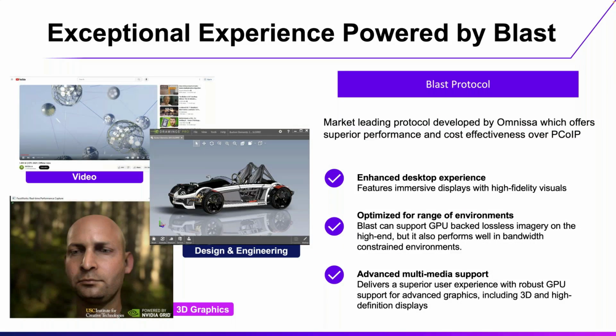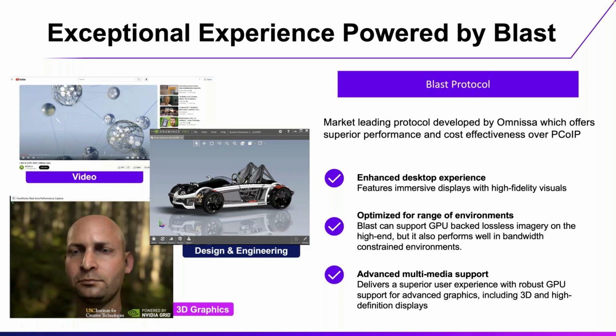So when we talk about Blast, Horizon has thousands of customers and they have totally different needs from each other. So Blast really has to be able to serve the wide range of our customers, and it does. That means everything from offsite call centers, basic office work happening in low bandwidth areas, all the way to high-end graphics.